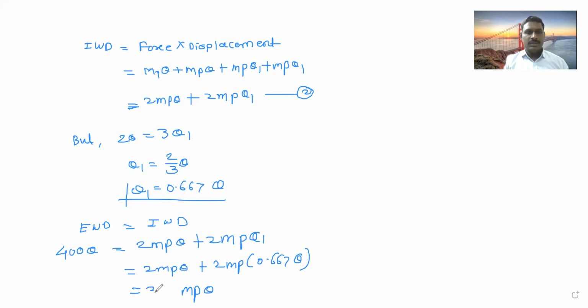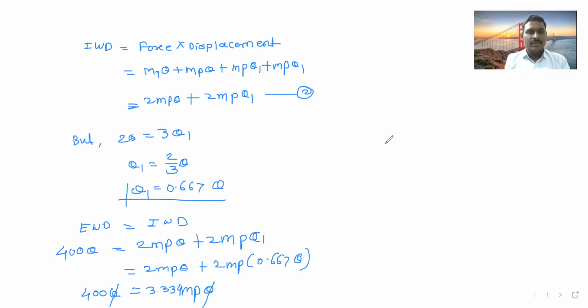3.334 MP theta. So this is nothing but 400 theta. Now theta gets cancelled. So calculate MP.